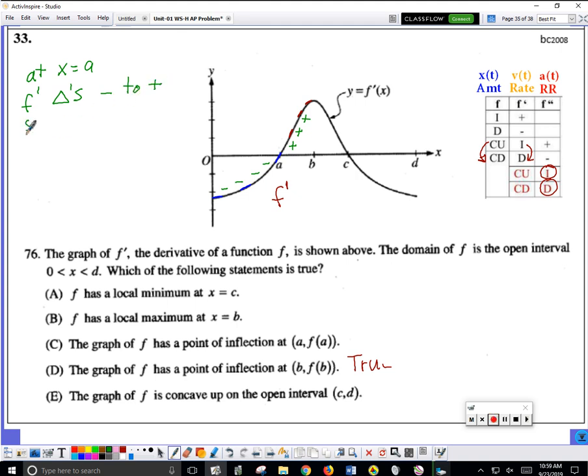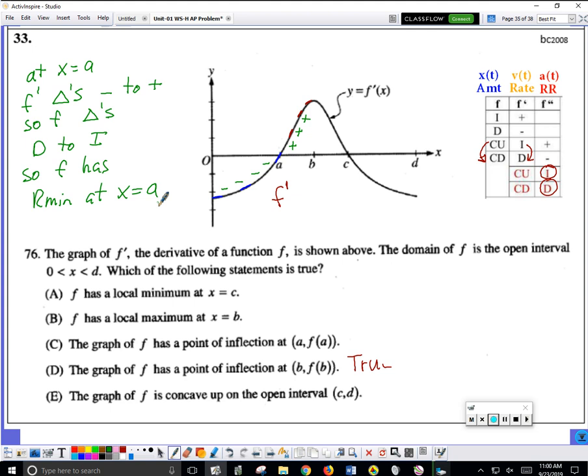So f changes from decrease to increase. So f has a relative min at x equal a. You need me to explain the Greek? That's what you're saying, right? Yeah. Okay. That doesn't mean that f changes concavity there.